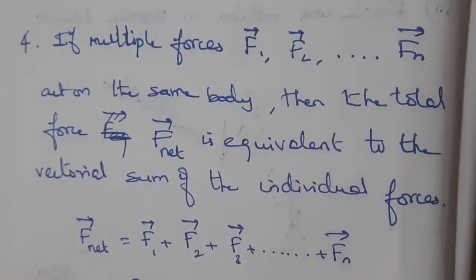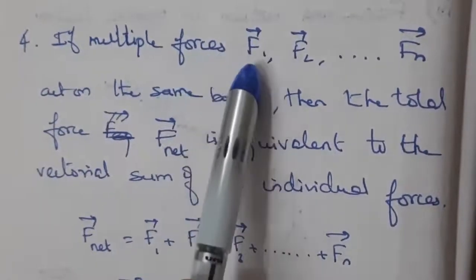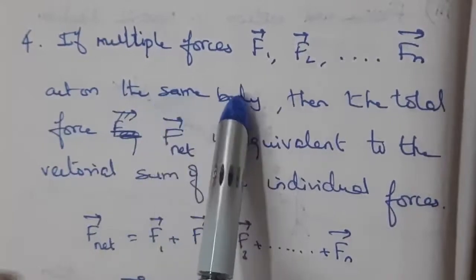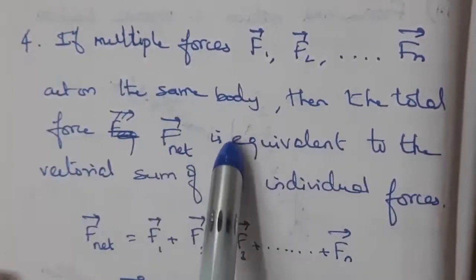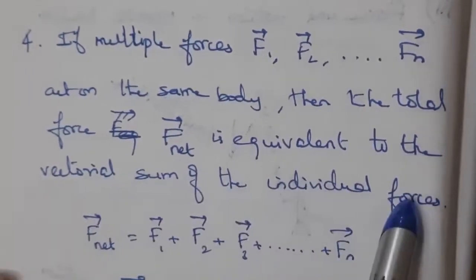The next discussion is, if multiple forces F1, F2, etc., Fn act on the same body, then the total force, the net force, is equivalent to the vectorial sum of the individual forces.